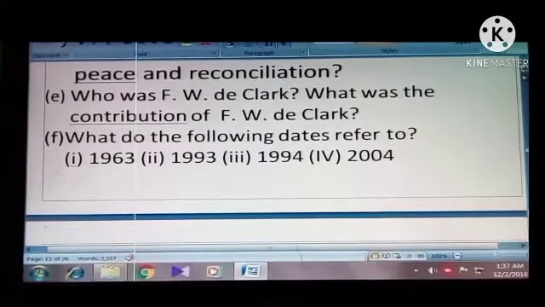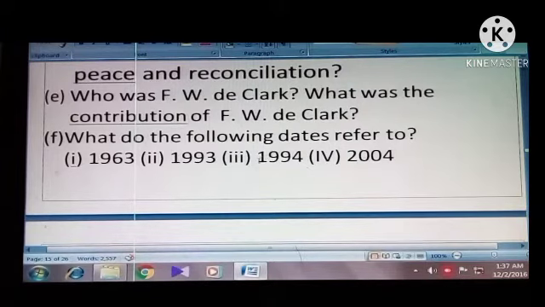What do the following dates refer to? Now question number F, and here some dates or years are written: number 1, 1963; number 2, 1993; number 3, 1994; and number 4, 2004.